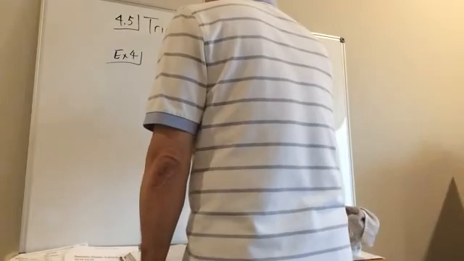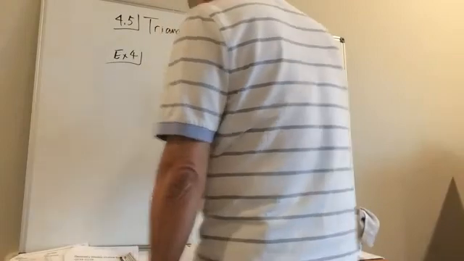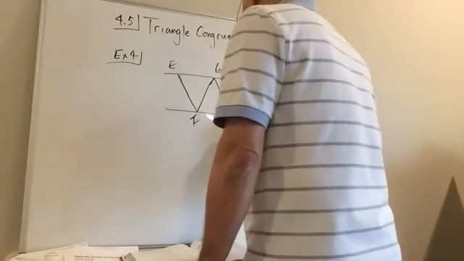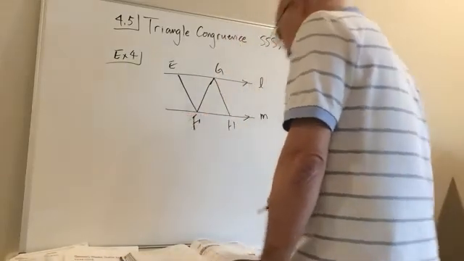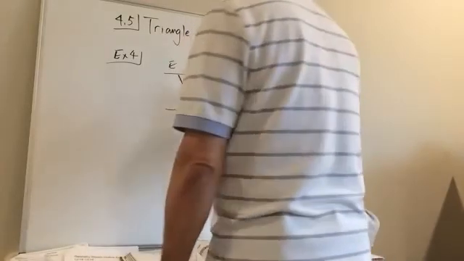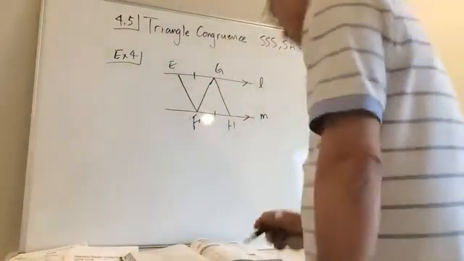And then we have E, G, F, H. Okay, we are told that EG and HF are the same, so this guy and this guy are the same.